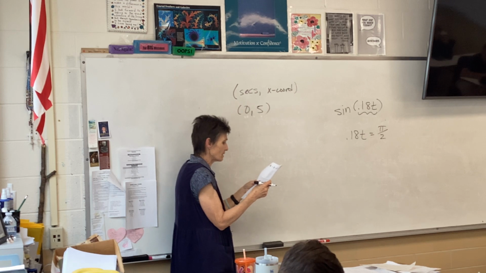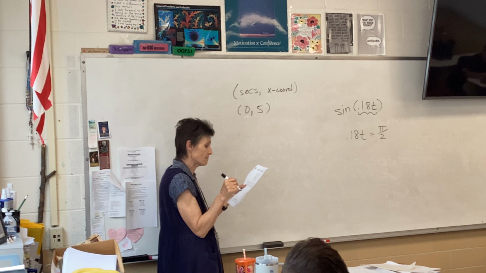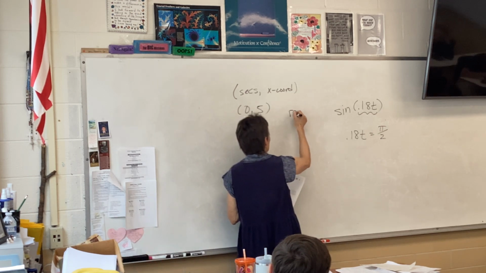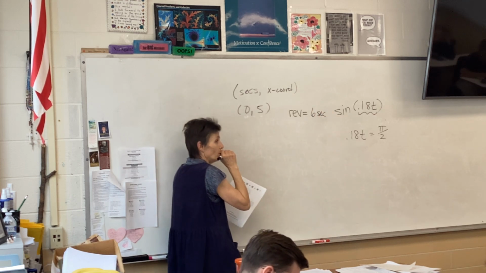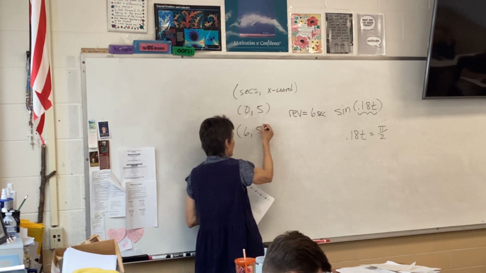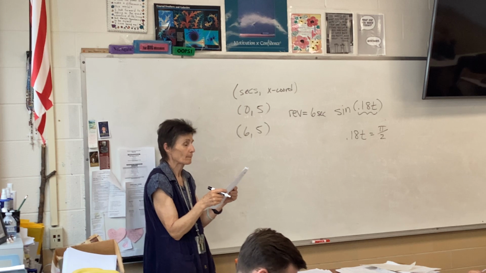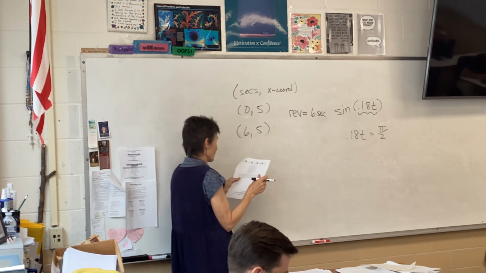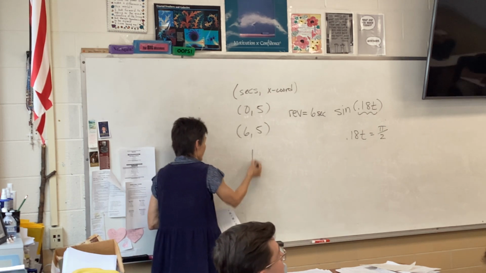At 60 seconds, it's run around 10 times. So that means each revolution, or each period, is 6 seconds. So when is it back at 5 again? It's back at 5 again at 6 seconds. Now, remember, this is a periodic thing.